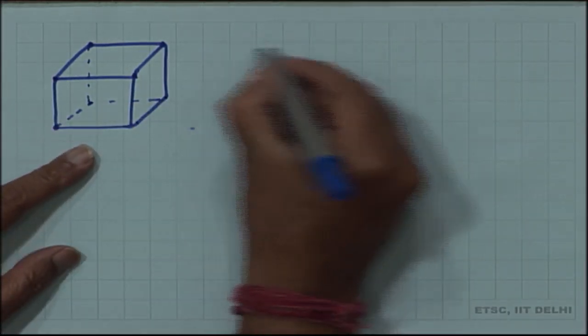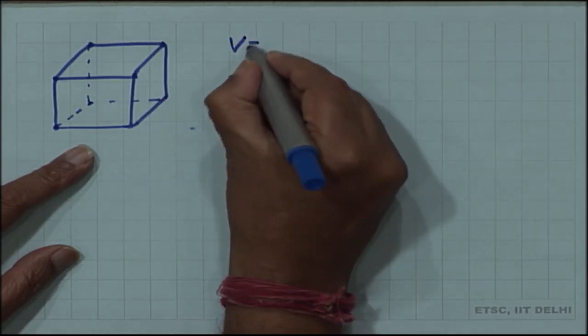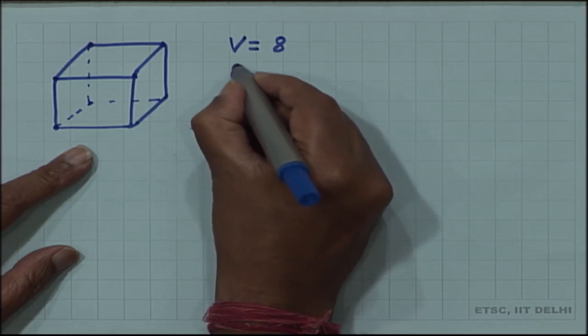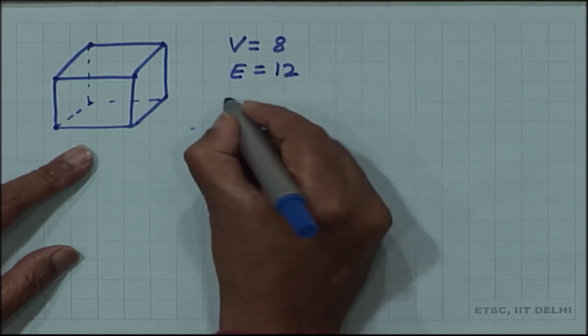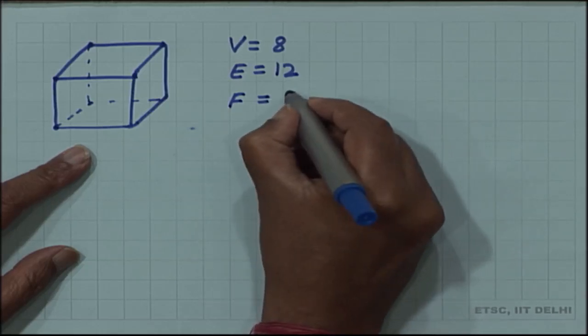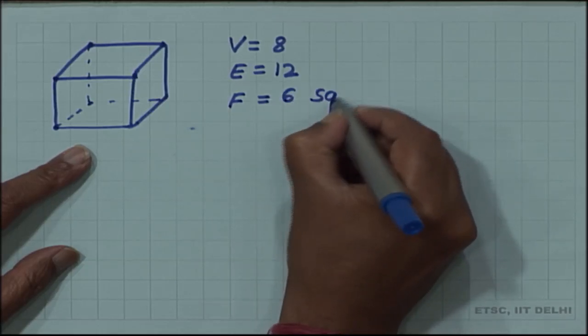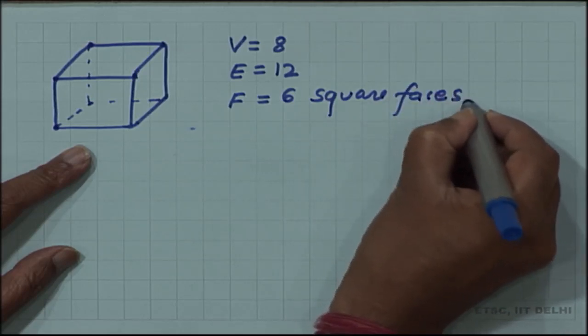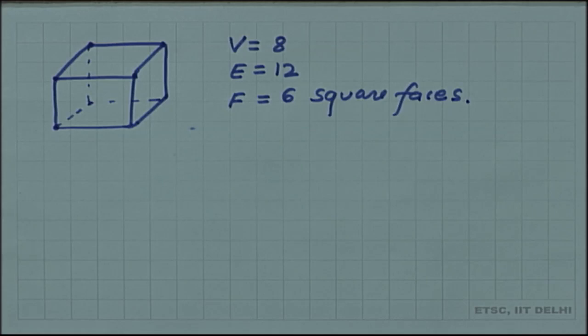So, a cube has 8 vertices, 12 edges, and 6 square faces.